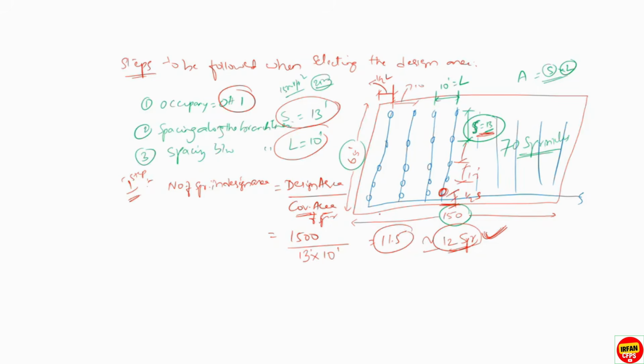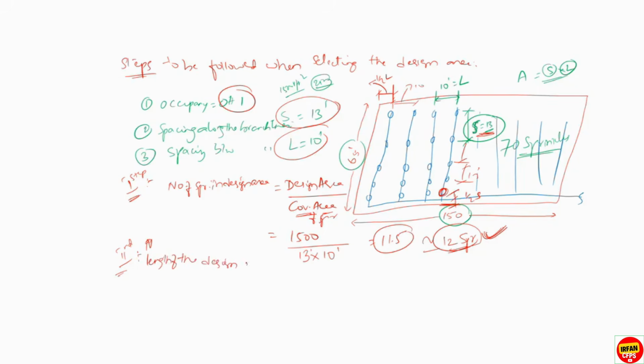Now going to the second step. The second step for selecting the design area is calculating the length of the design area.